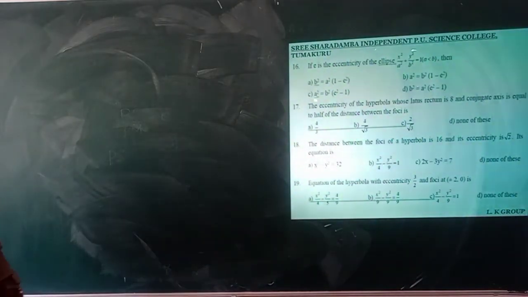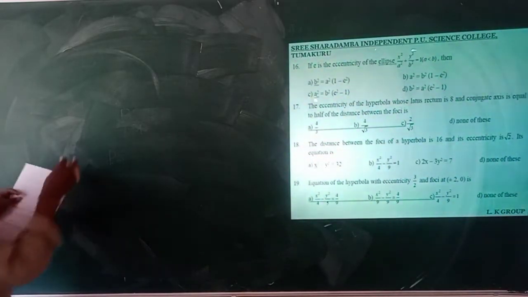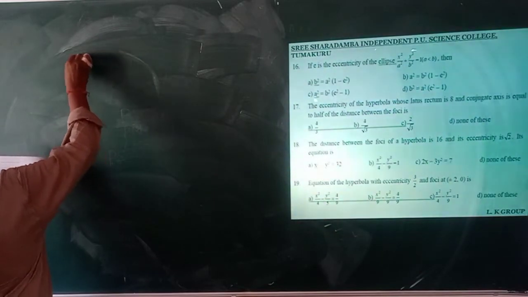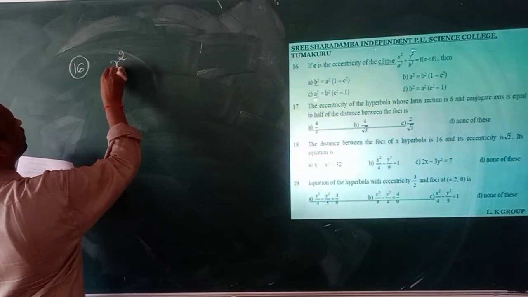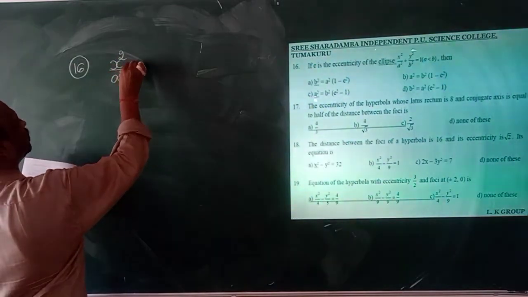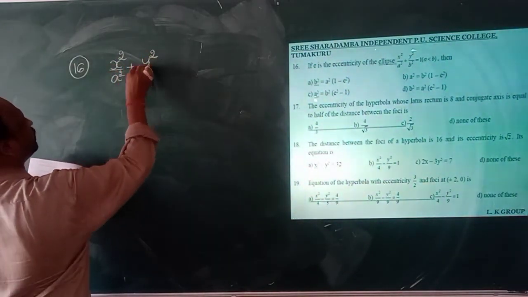Go through question number 16. The eccentricity of the ellipse x square by a square plus y square by b square.